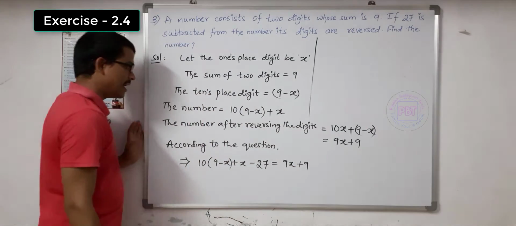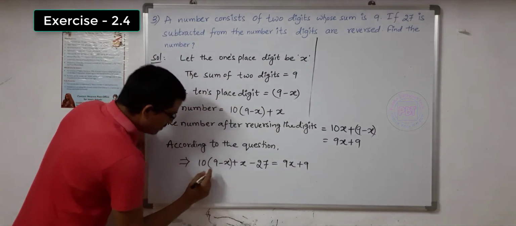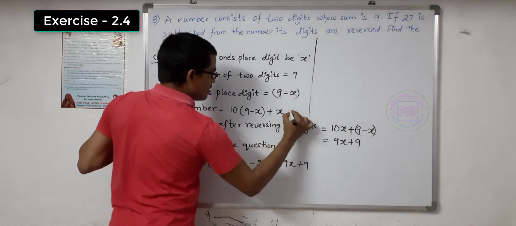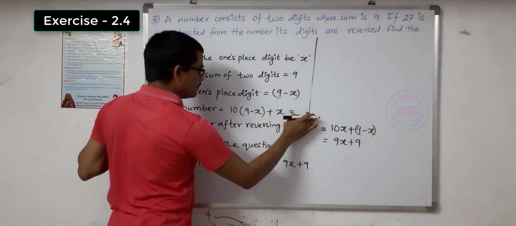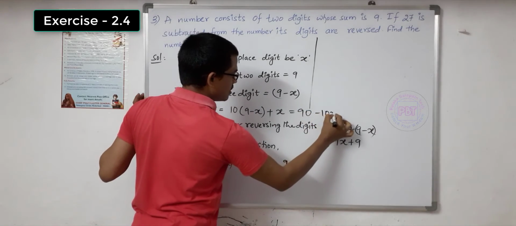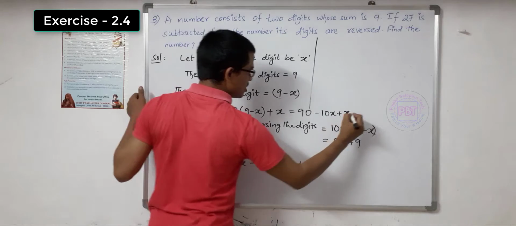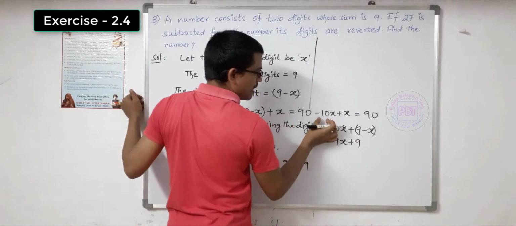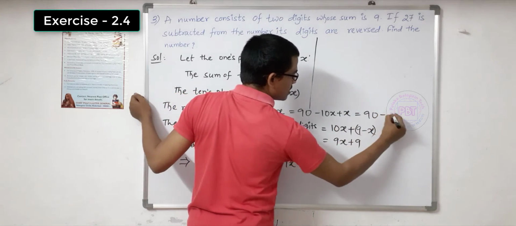If you observe here, we can simplify here itself, that is 10 into 9 is 90 minus 10x plus x, which is 90 minus 10x, plus x is 90 minus 9x.